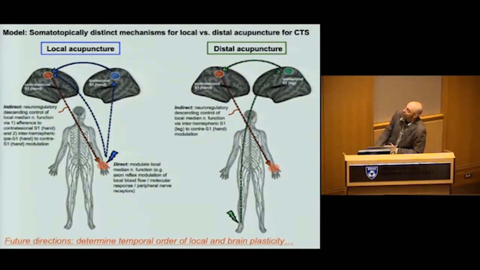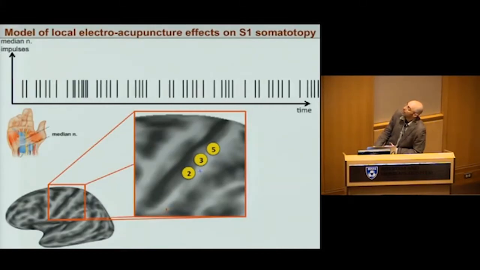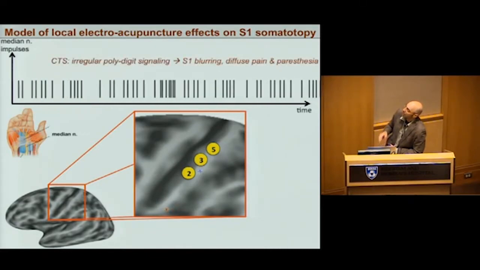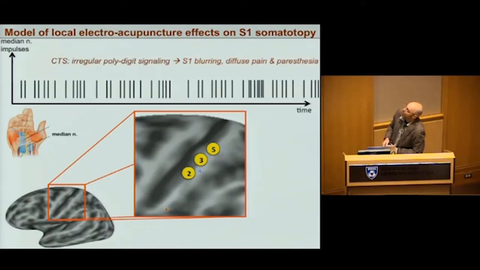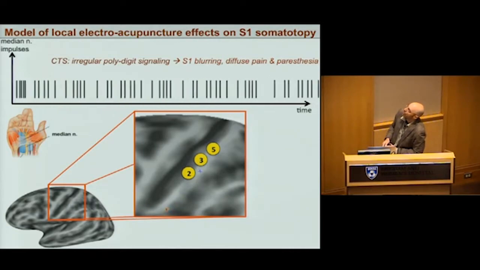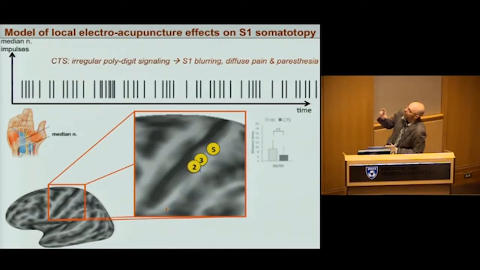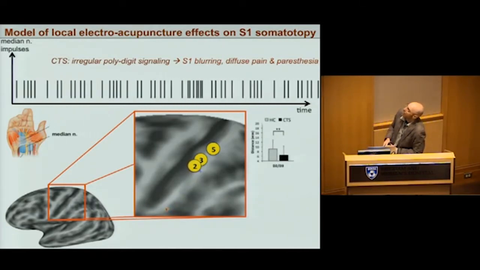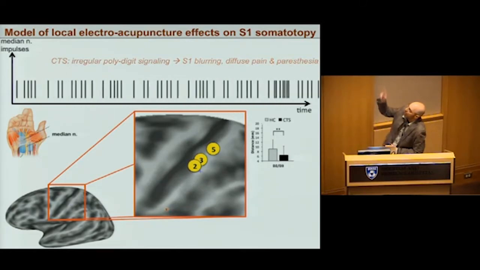So in the future, we want to determine the temporal order of these things. Are the local changes preceding the changes in brain plasticity or vice versa? What's driving what? I think that's an interesting question for the future. And this is just a little animation of what we just saw, just to review that. In carpal tunnel syndrome, you have this contraction of D2, D3 separation distance, due to this aberrant firing.